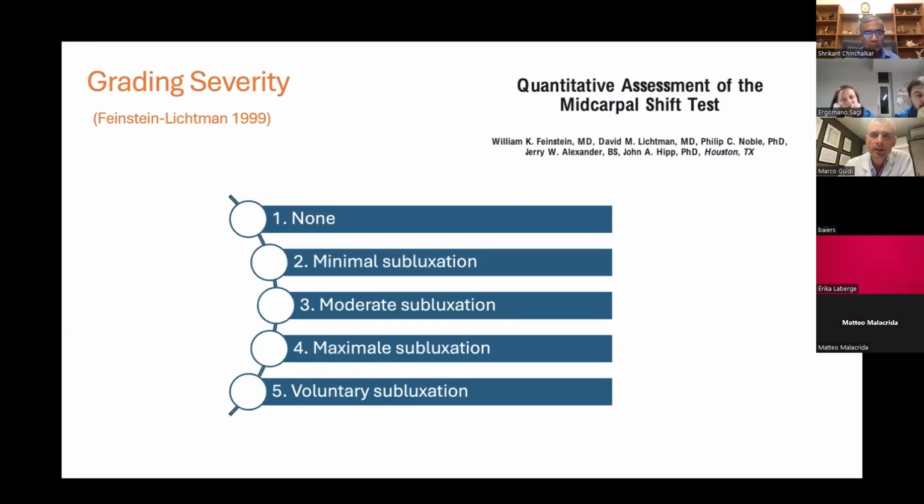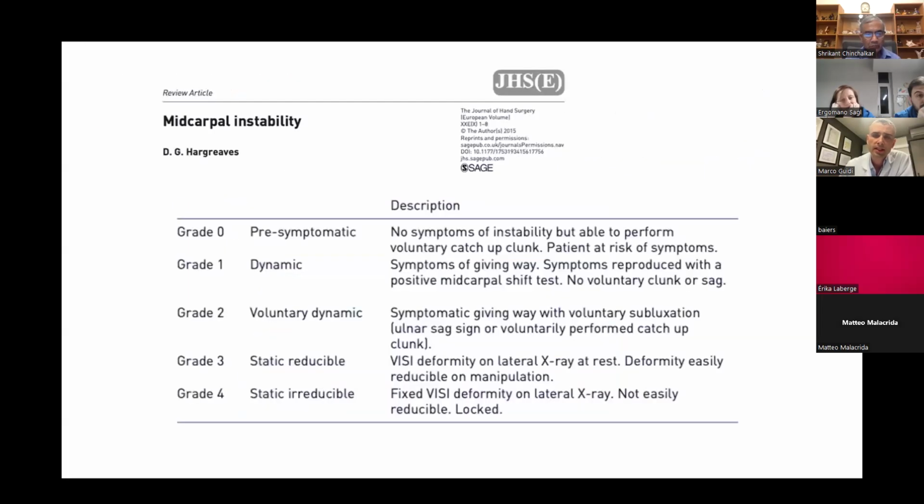As already done, this is a grading of severity. I don't like the Lichtman classification a lot, because I think, especially for beginners, it's difficult to understand what's minimal, moderate, or maximal subluxation. The difference between this grading is a little bit hard to find at the very beginning. That's why Dr. Graves, an English surgeon, proposed this classification.